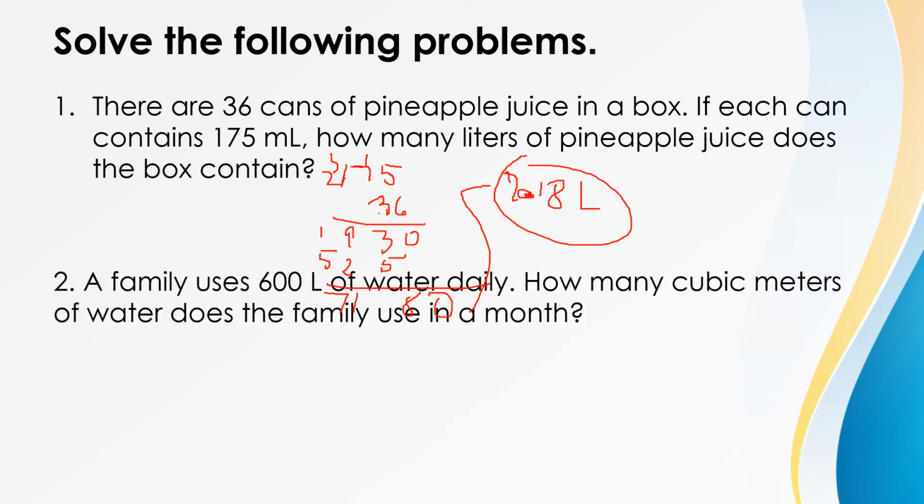Next. A family uses 600 liters of water daily. How many cubic meters of water does the family use in a month? Okay, so if daily, that's every day, that means we have 30 days in a month. So 600 times 30, that's about 18, because 6 times 3 equals 18, and then add the 3 zeros.